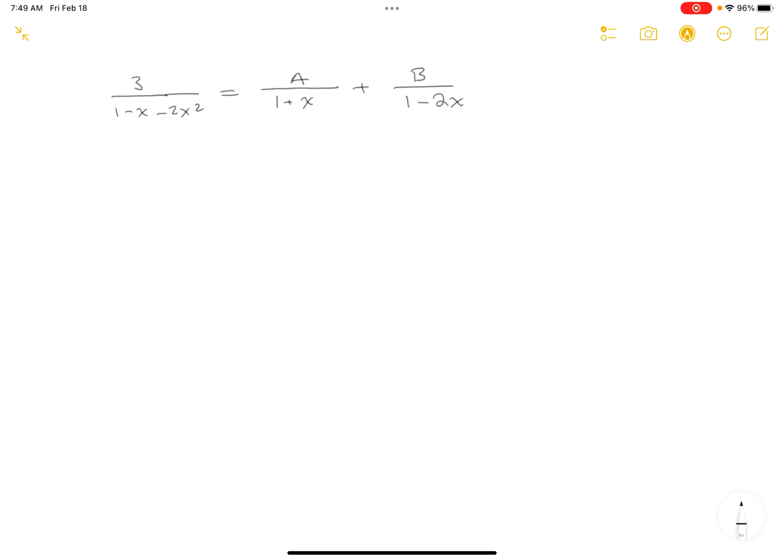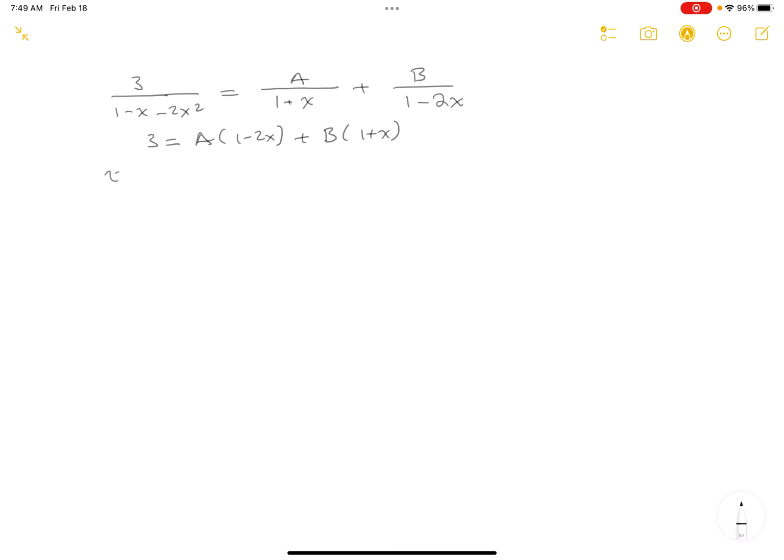Now, before I go forward, I want to make sure this is correct. Just multiplying it out, what do you get? You'd get 1 minus 2x plus x is minus x, and you do get minus 2x squared. My goal is to get the A and the B now. So how do I do that? Multiply both sides by the LCD. You're going to get A times 1 minus 2x plus B times 1 plus x.